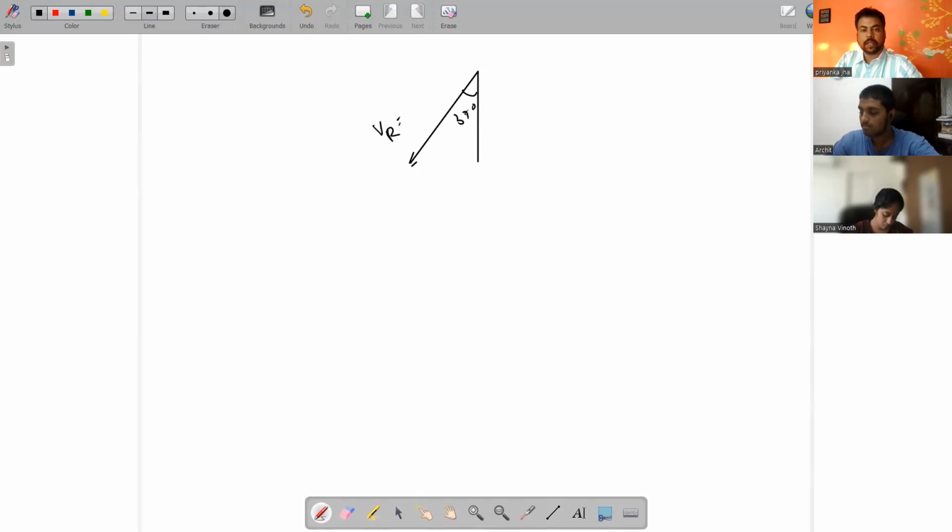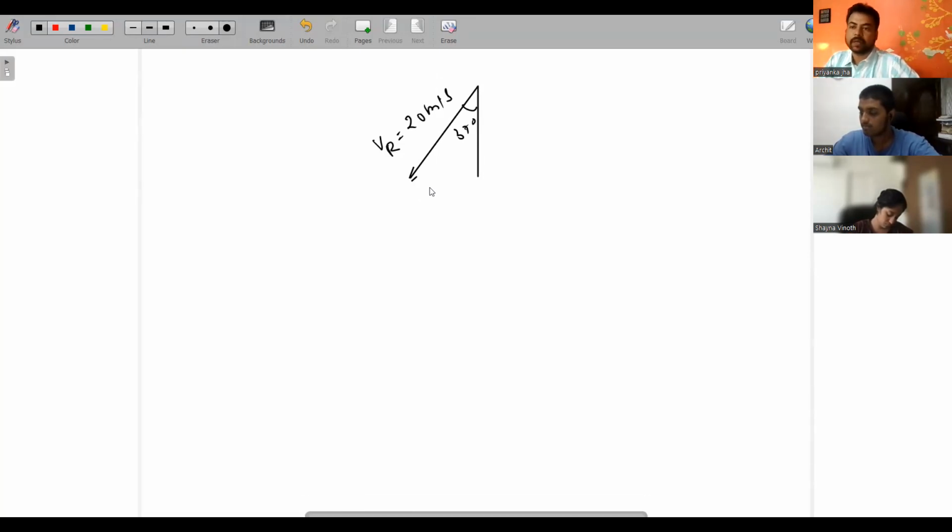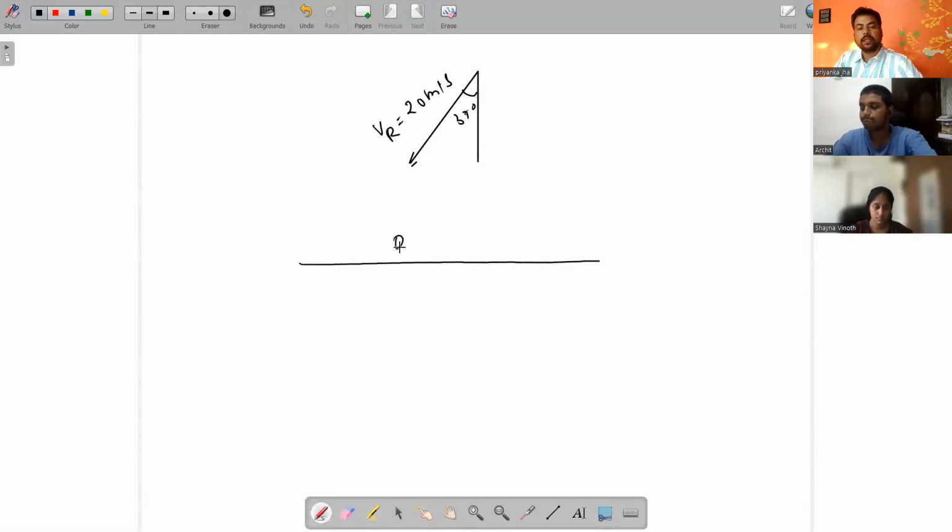So this is the velocity of rain, actual speed, that is 20 meter per second. So rain is falling at angle 37 with the vertical, right? Now you have to find the velocity of man, and also you have to decide the direction. What would be the velocity of man, so that man will observe rain falling at 37 degree with the vertical.